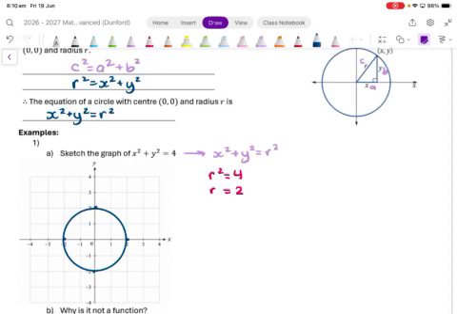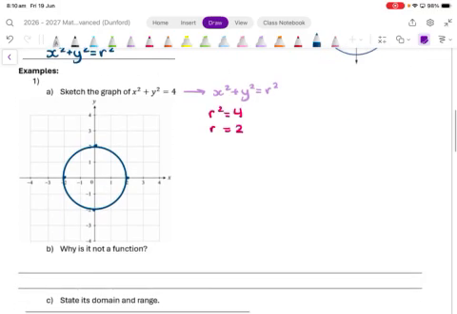Okay, going through those points. Now, the next part of our question is asking us why this is not a function. This is not a function because our vertical line will pass through twice, so more than once, in our graph.